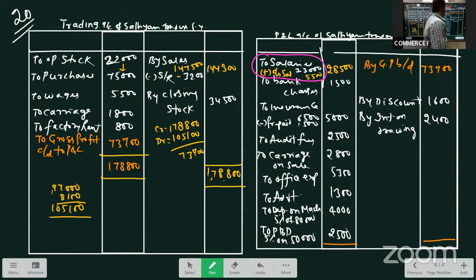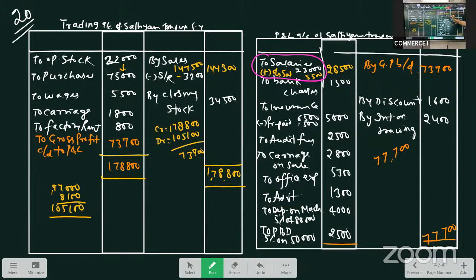See the total on the credit side: 73,700 plus 16 plus this, that is 4,000. So the total is 77,700. The total on the credit side is 77,700.